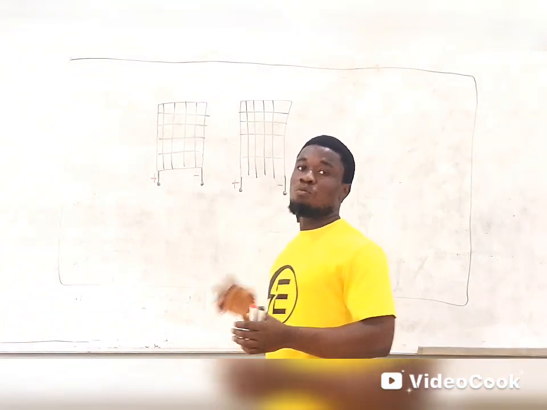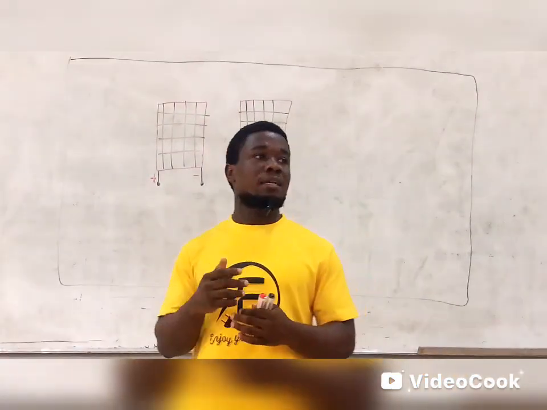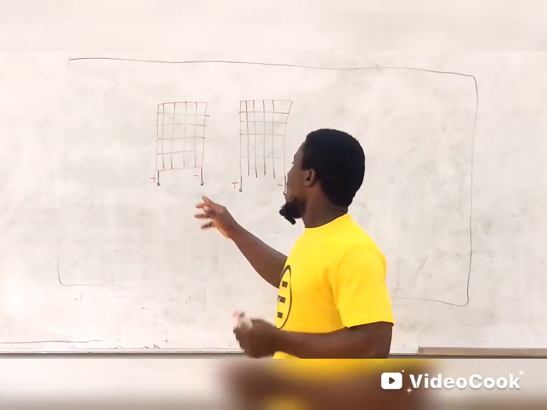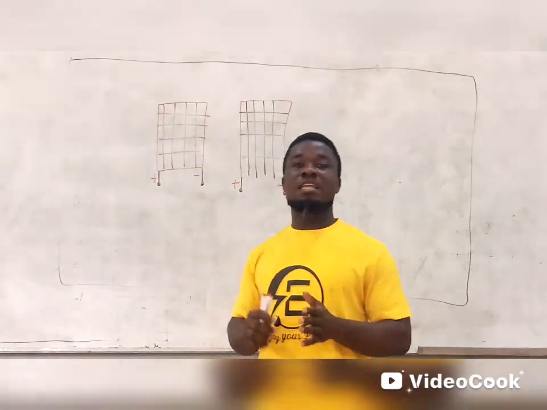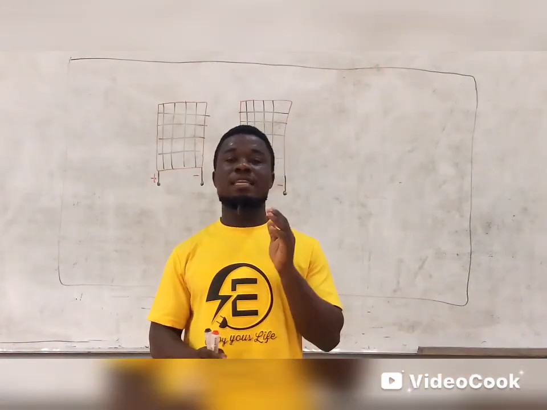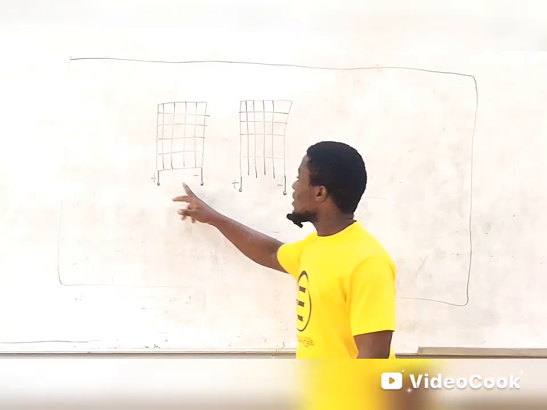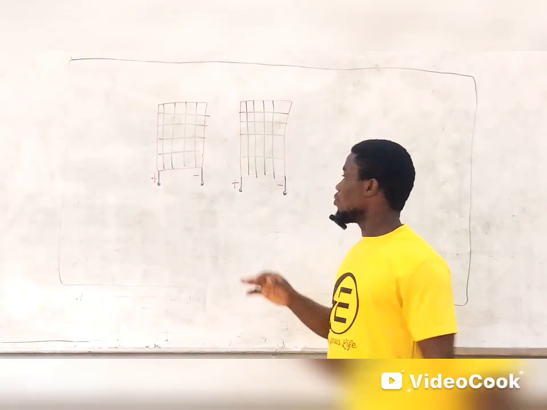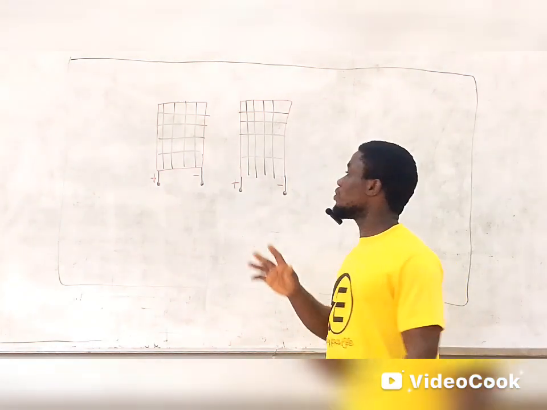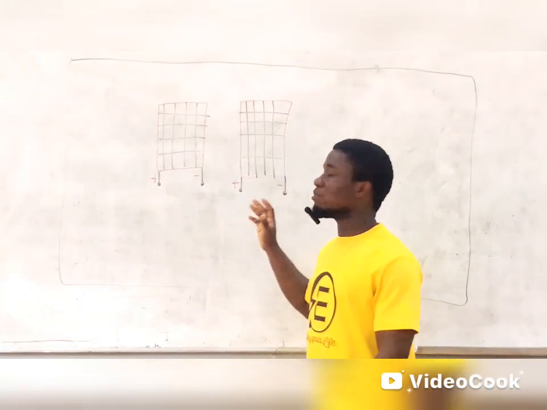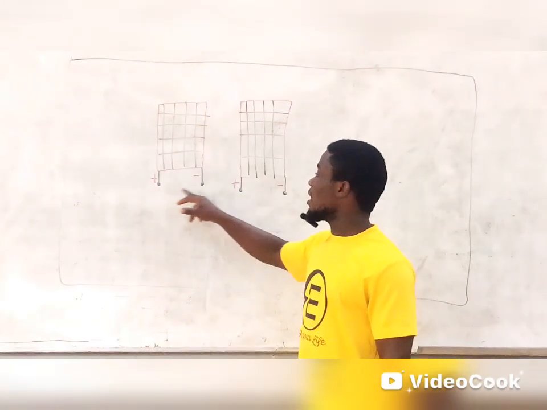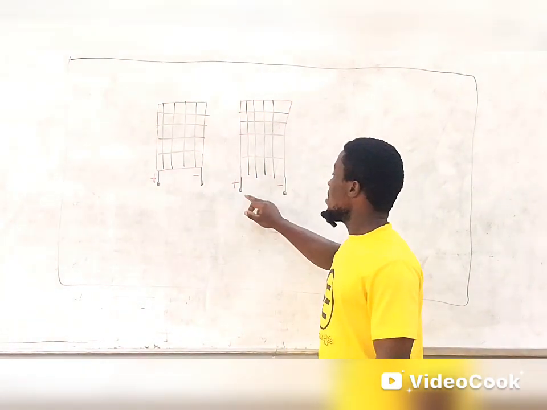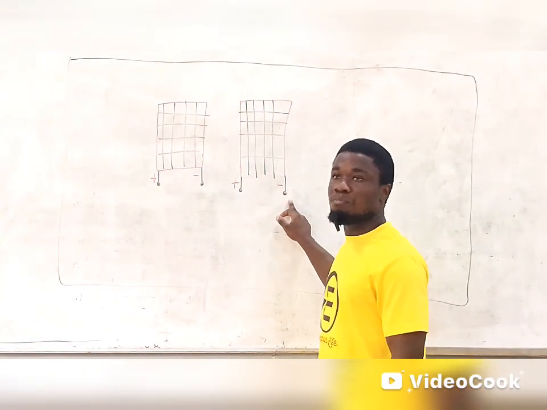Now, one thing you need to know is that panels supply DC current, and in DC, the polarities are divided into positive polarity and negative polarity. Now, there are things you must take into consideration. First, the polarities of the solar panel, which we have identified: positive polarity and negative polarity.